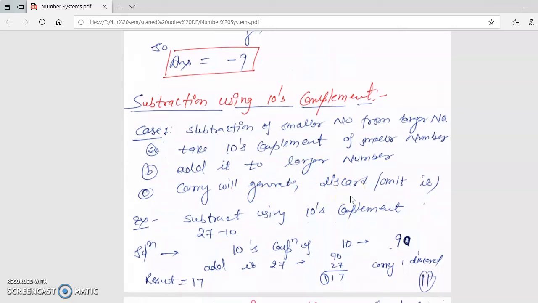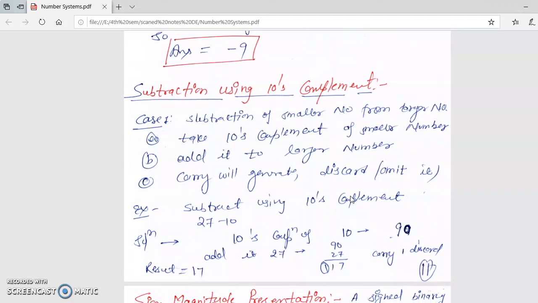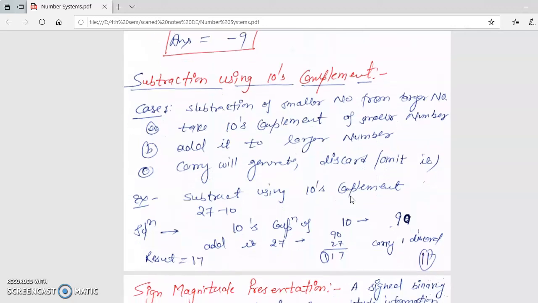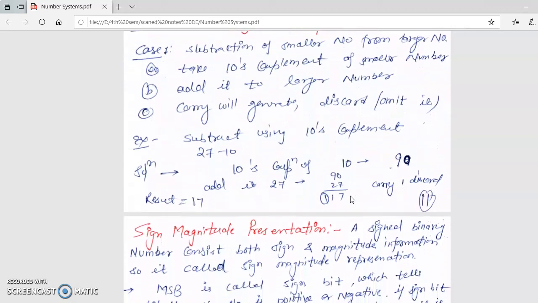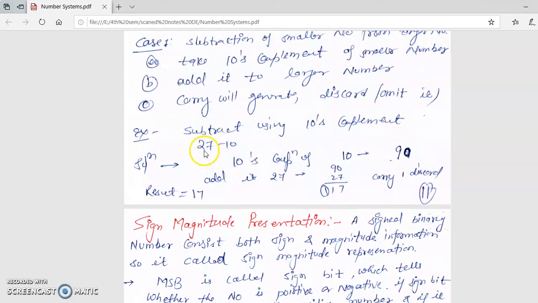Some things to remember: in different complements, the rules are different. So example is subtract using tens complement. Example is 27 minus 10. First of all, we take the 10th complement of smaller, that is 10. 10th complement of 10, we get 90.